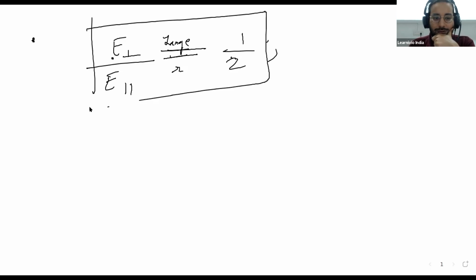This is a slightly important thing to remember. Many a times you can solve questions directly if you remember this fact that the perpendicular and parallel components of the electric field for an electric dipole are going to be of the ratio 1:2.